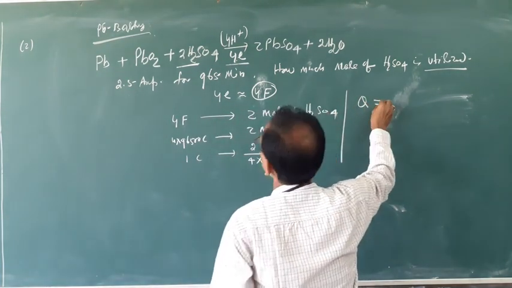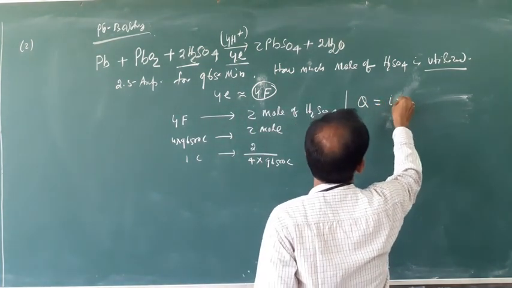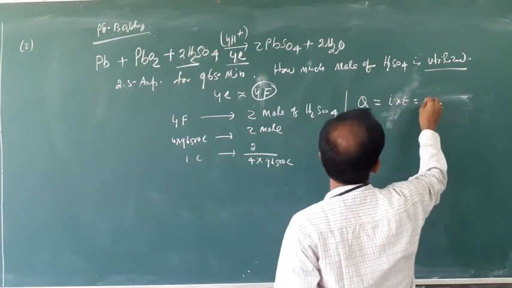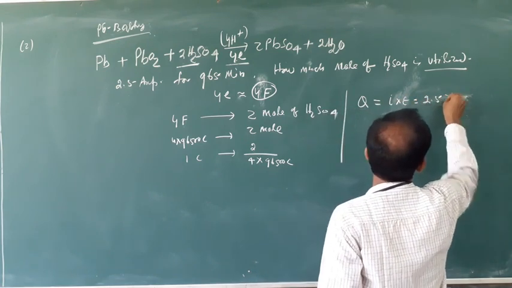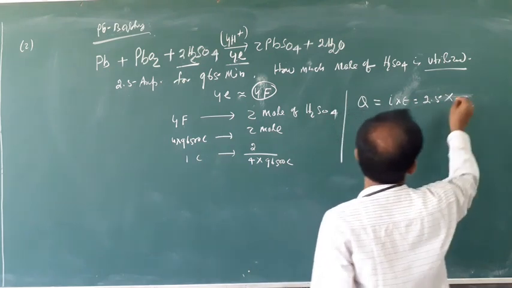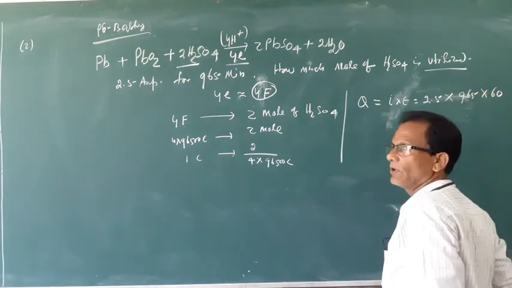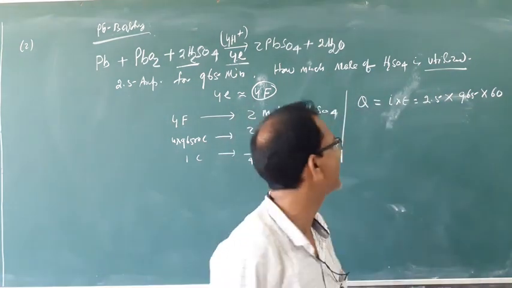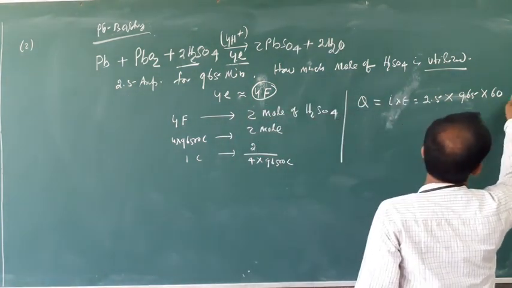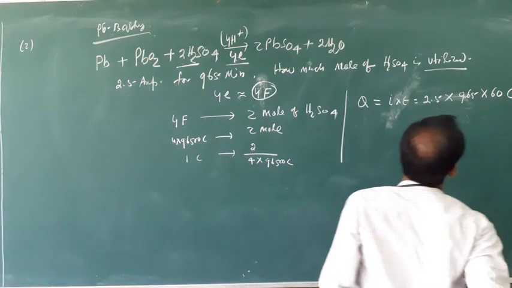Coulomb is equal to I into T, which is here 2.5 into 965 minute into 60 second. If you multiply by 60, then it will be in seconds. So this ampere and this second give this much coulomb.